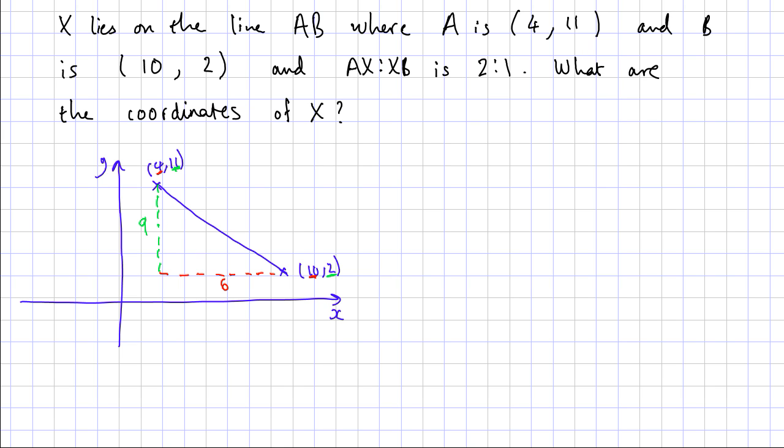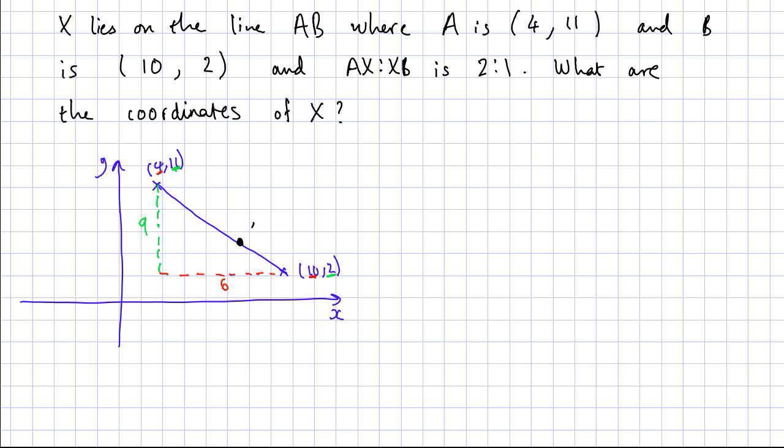Okay, so the point X is going to be such that AX to XB is 2 to 1. So that must mean that I need 2/3 of the line here and then 1/3 of the line there. So I'll mark the point X, it's going to be about there.